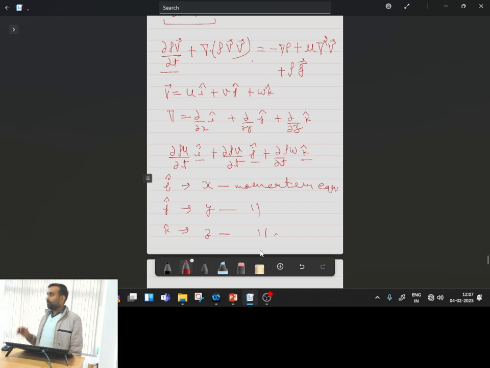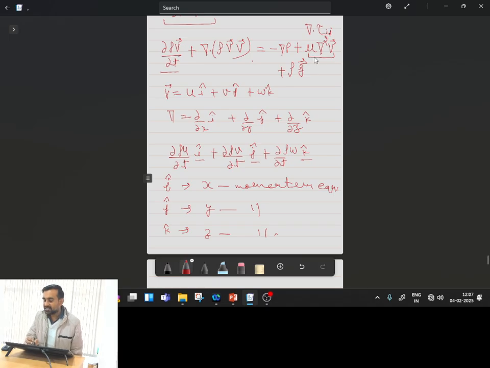Another important point you have to understand is that in this equation, this particular term should be the divergence of the stress tensor tau ij, not vector.